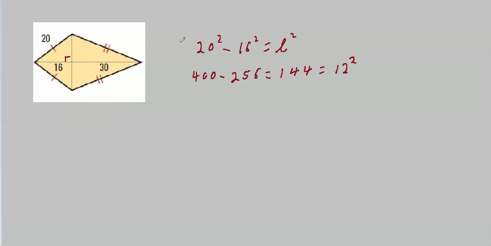So if we write all this out, 20 squared minus 16 squared is L squared. That's 400 minus 256. That gives us 144, which of course is 12 squared, which means that L equals 12. And I was using L for this one section here. So that's 12.